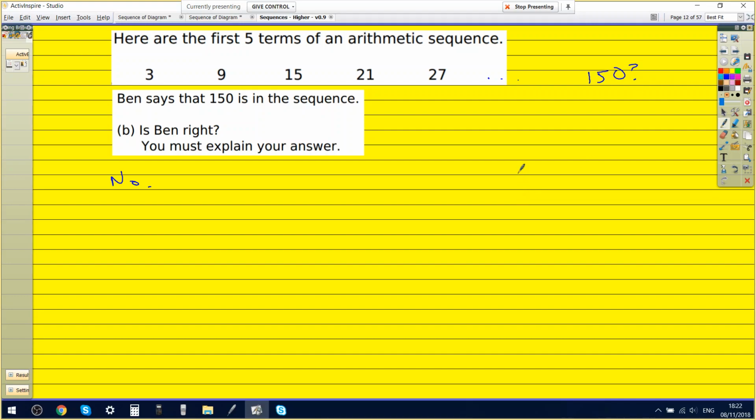No, because if you keep on adding 6 to it, it won't. Nah, it won't. Why not?